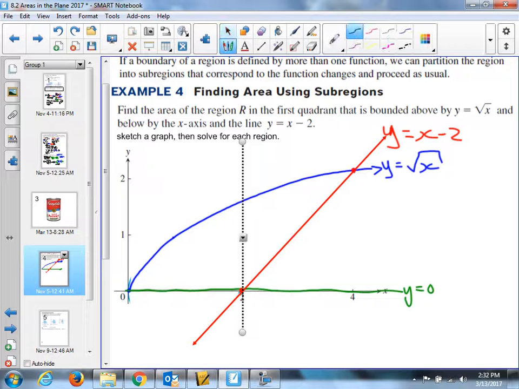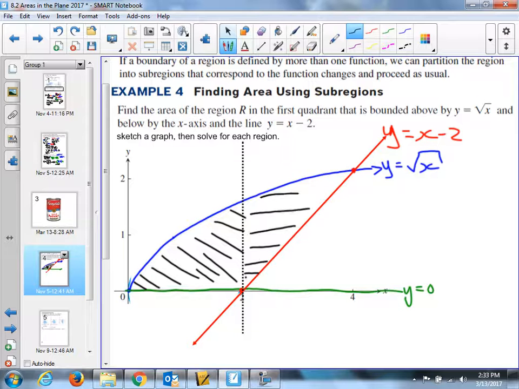Well, I'll color it in one way. Okay, this is the one area, and then I'm going to do a second integral because the bottom function changes, doesn't it? And I'll do horizontal lines. You guys see the difference, right? Okay, now that's so the area is.